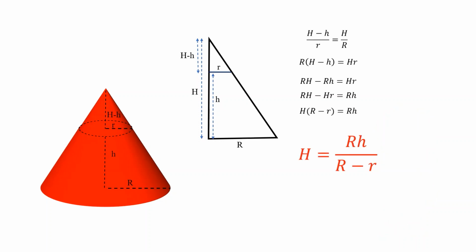So the height of the smaller cone, which is capital H minus small h, divided by its base r, will be the same as the height of the largest cone, capital H, divided by its base, capital R. Going through all the calculations, we find capital H to be equal to R h divided by (R − r).